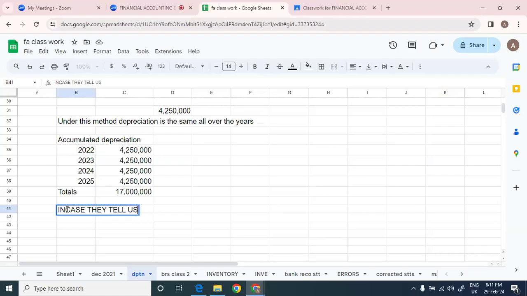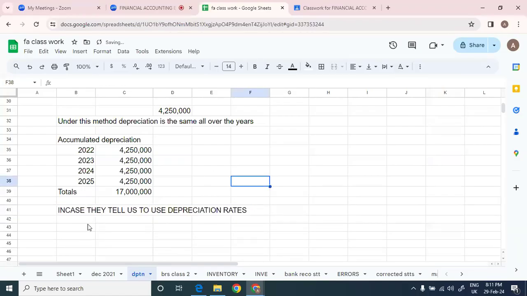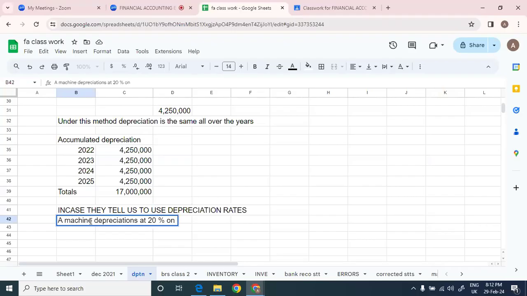they tell us to use depreciation rates. So if they tell us to use the depreciation rate, they will tell you that a machine depreciates at 20% on cost.